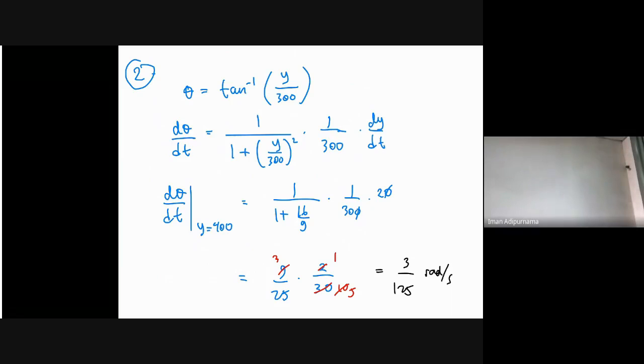So you derive theta to get d theta dt, and the derivative of tangent inverse is 1 over 1 plus x squared, where x is the inside function, and based on the chain rule you multiply by the derivative of the inside function and plug in y squared, and this will be 25 over 9, and it's also the same 3 over 125.